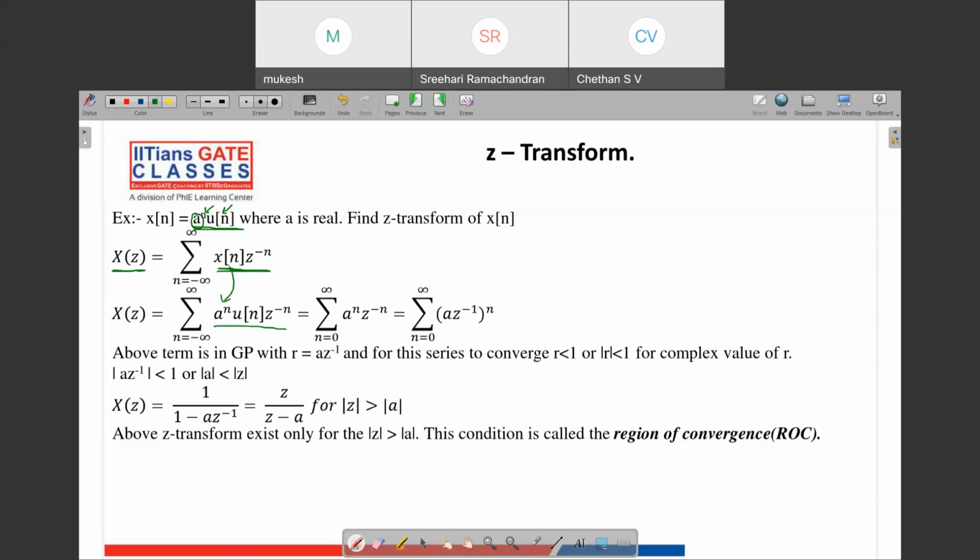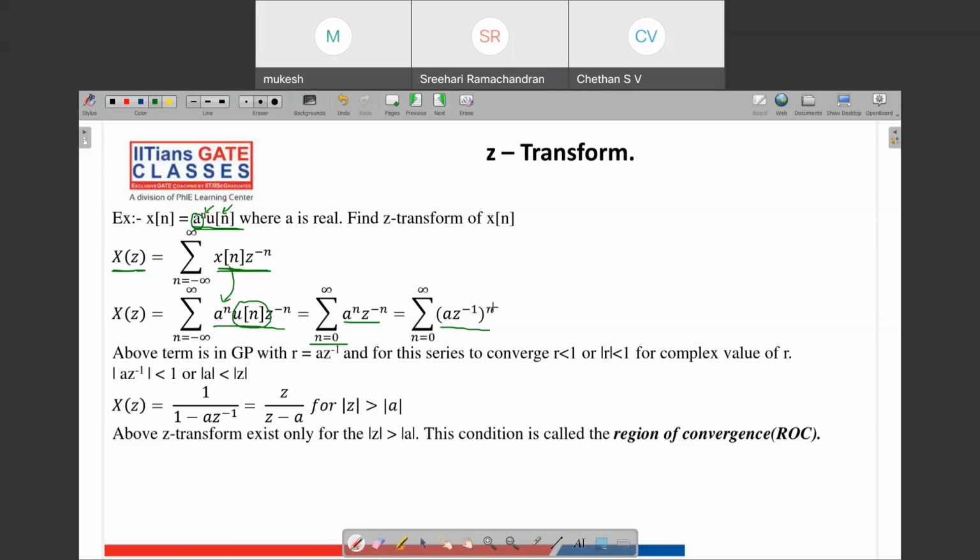Now since u of n is equal to 0 for n equal to minus infinity till minus 1, we will remove this u of n, and instead of adding from n equal to minus infinity to infinity, we will add from n equal to 0 to infinity. Now a to the power n z to the power minus n, you can also write as a z inverse to the power n.